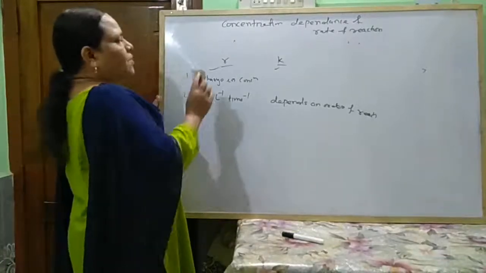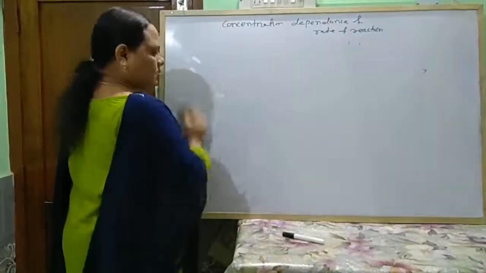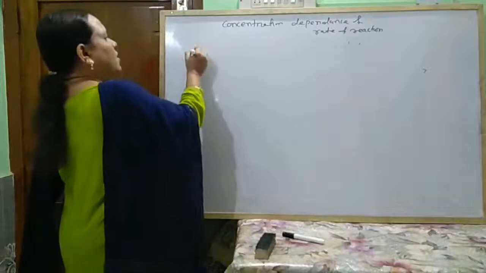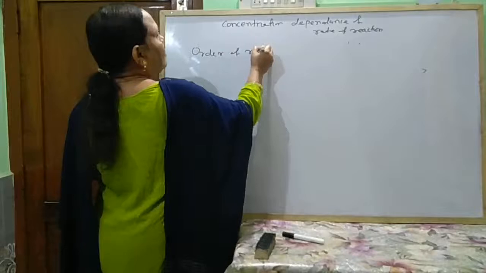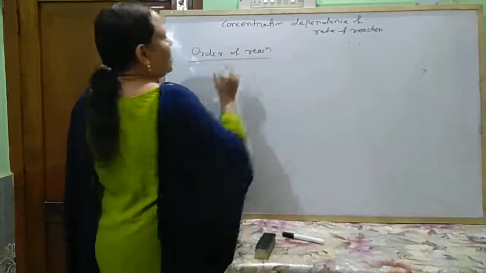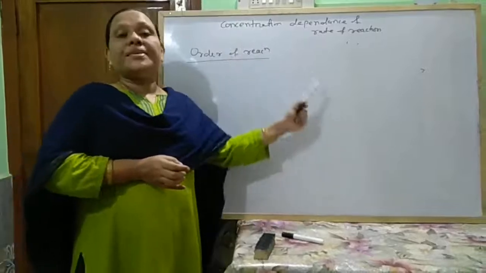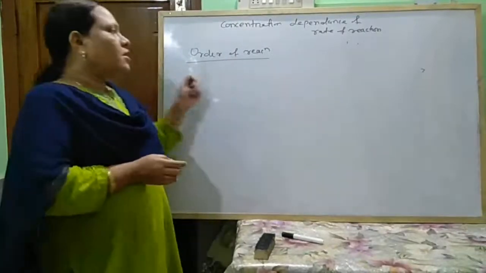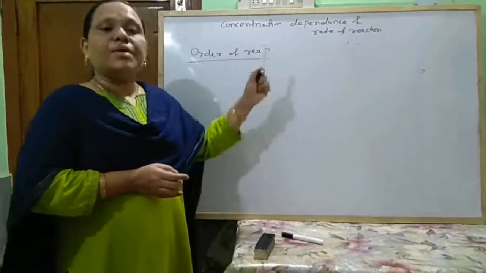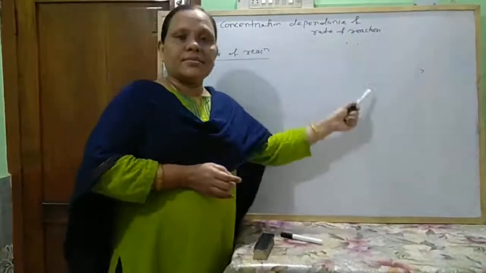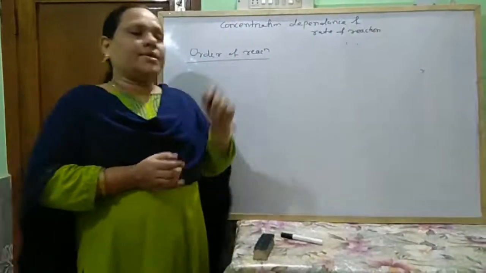Next come to what is order of reaction. Order of reaction is the sum of exponents or sum of powers of the reactant terms as represented in a rate law equation.